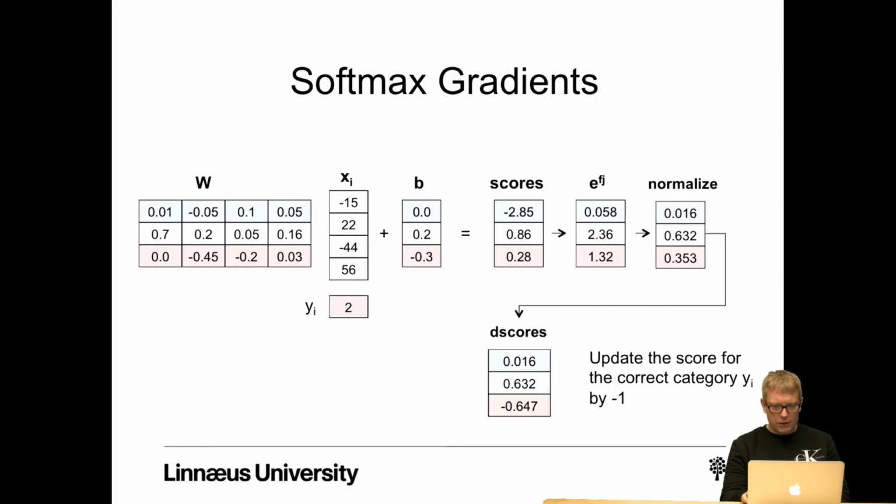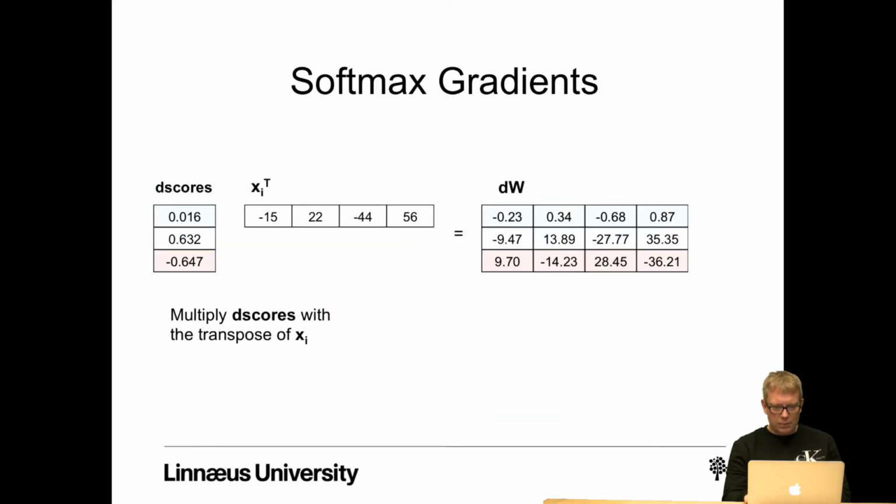And we continue by taking the normalized vector, and we update the score for the correct category yi by -1. And since we know from this training example that the correct category is category 2, the red one, we update the third value 0.353 by -1, and we get a new gradients vector called d-scores.